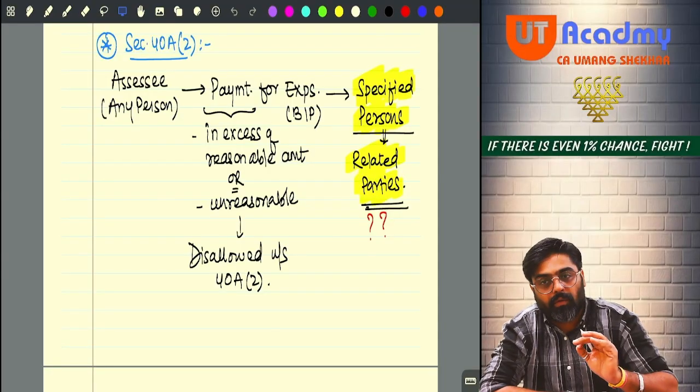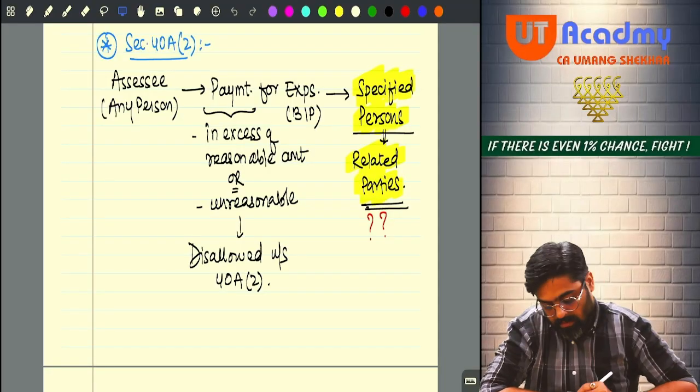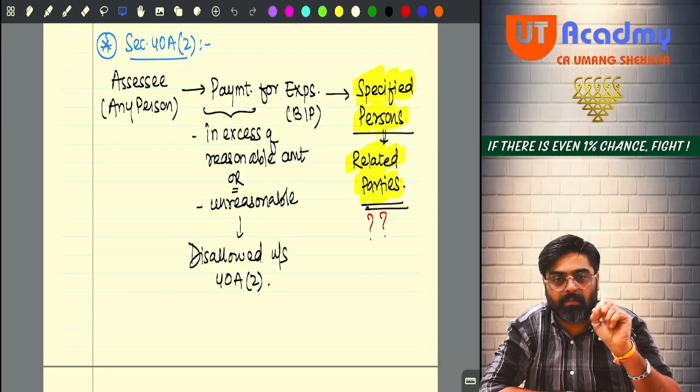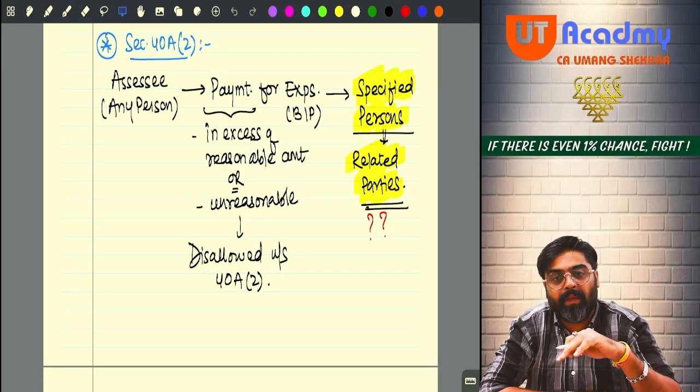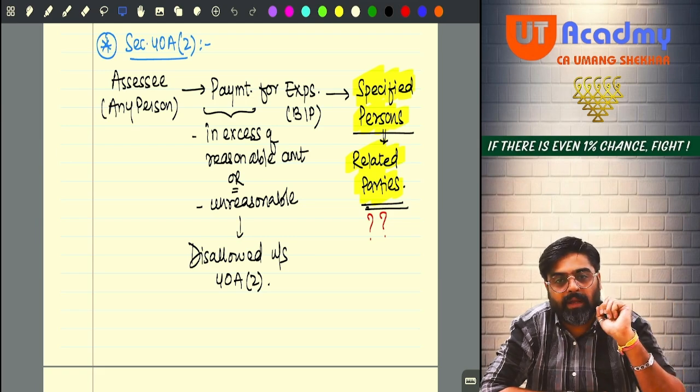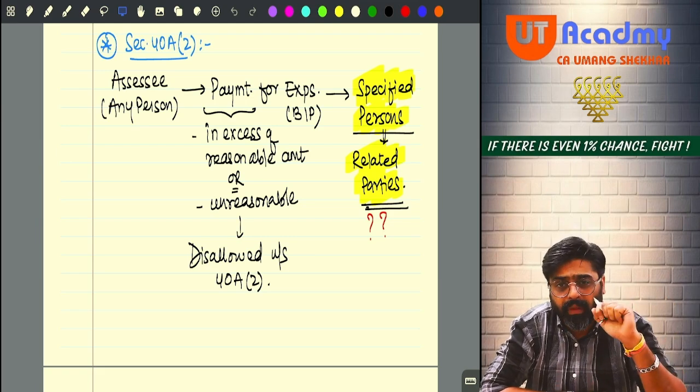Now, for example, in my business, I have employed my brother as an employee. My brother is working in my company as an employee. I wanted to keep an engineer on the job, so instead of keeping an outsider in my organization, I employed my brother only because he is also an engineer.